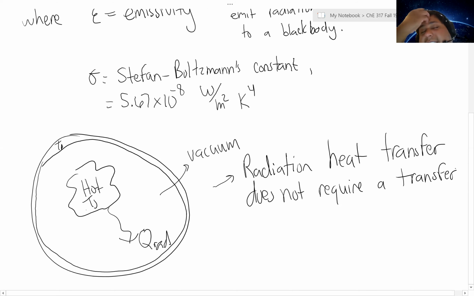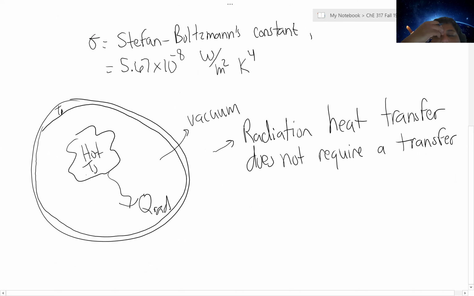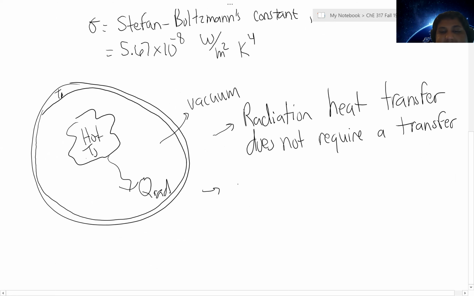And by convection, you can't have flow if you don't have molecules to induce to flow. But radiation doesn't care. Radiation can exist and emit whether or not there's a transfer medium involved. Further, radiation is the fastest form of heat transfer.